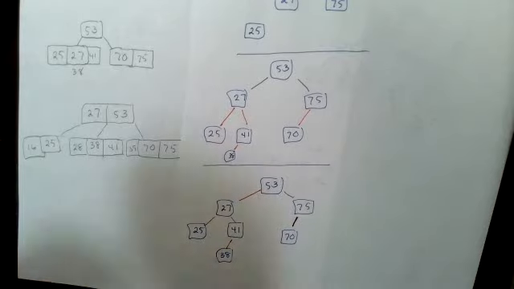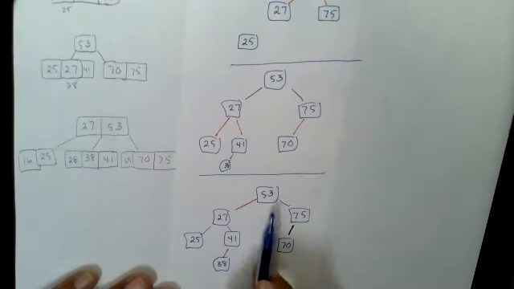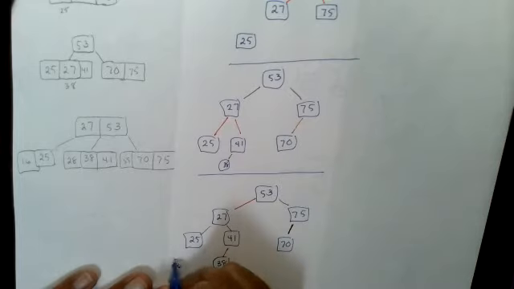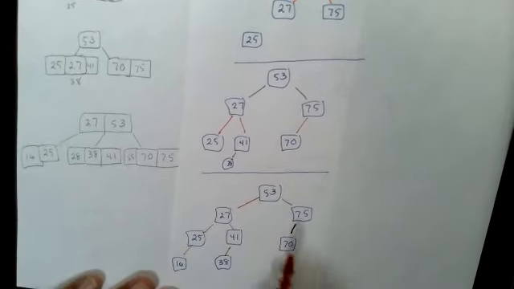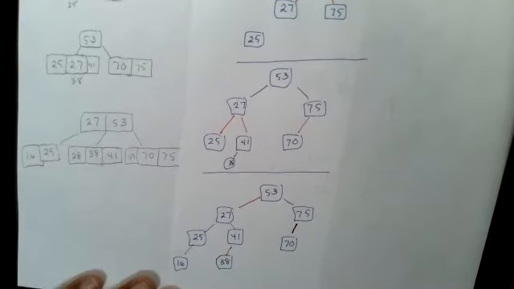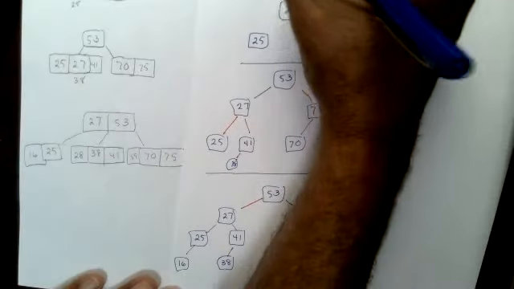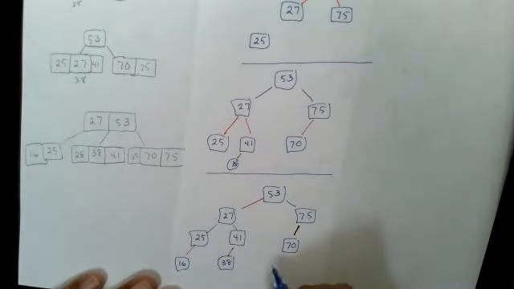Just added 38. I'd now like to add 16. 16 is going to go over here. It is going to be a sibling of 25. I'm going to add 59. 59 is greater than, less than, less than.